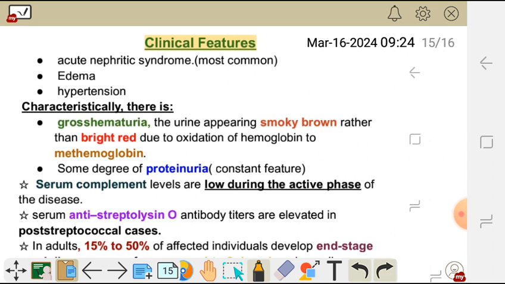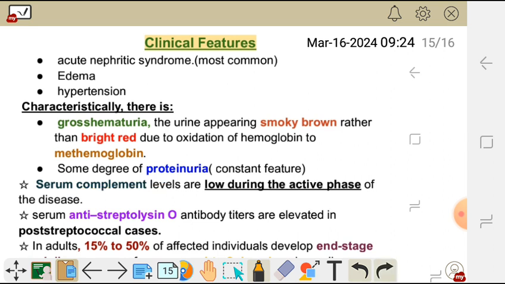Okay, and also we have some degree of proteinuria. Okay, so proteinuria, and another most important feature here is that serum complement is low. Okay, the serum complement is low. Why?